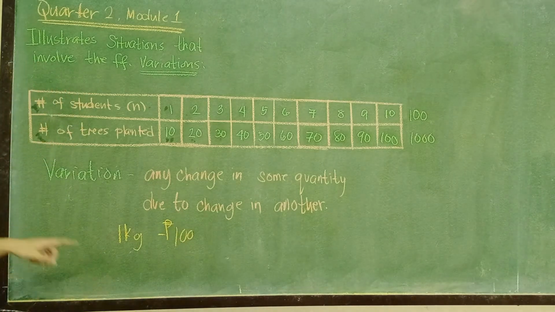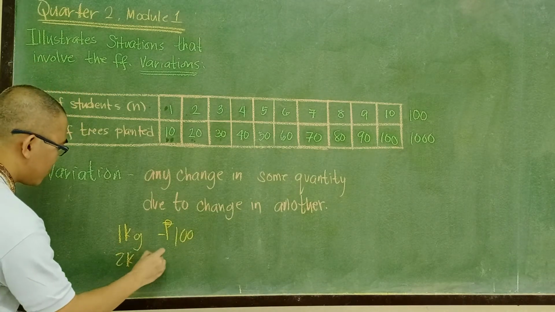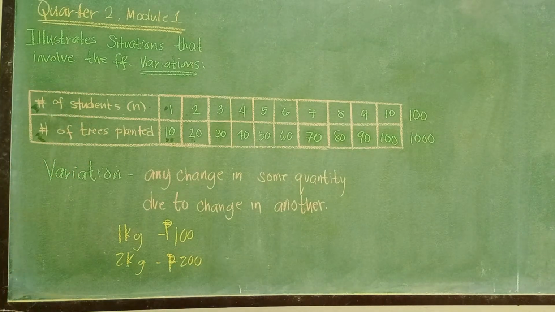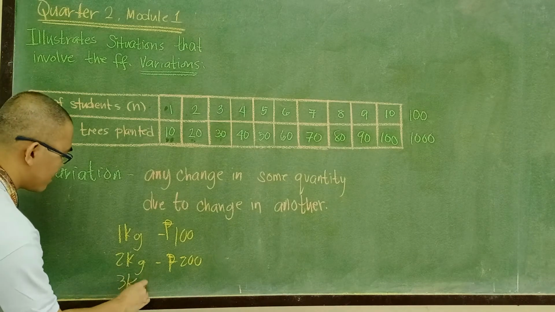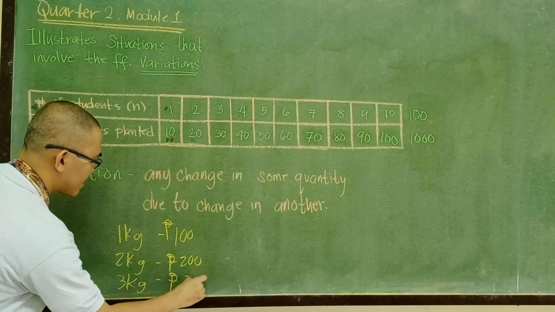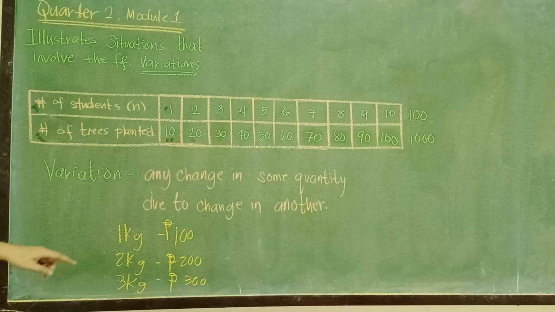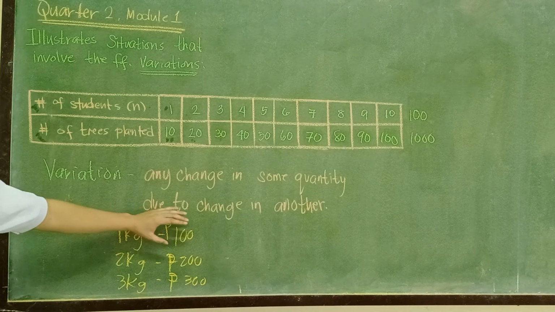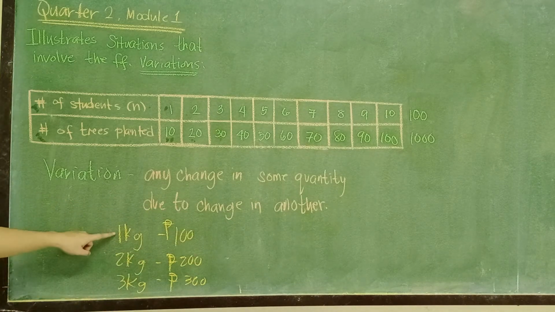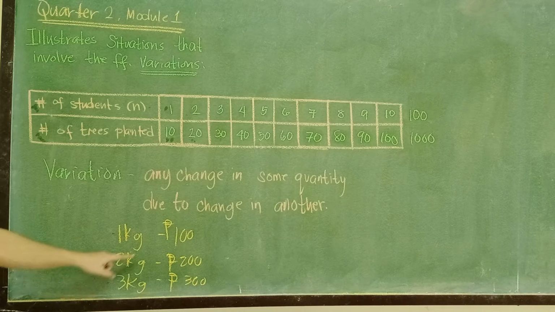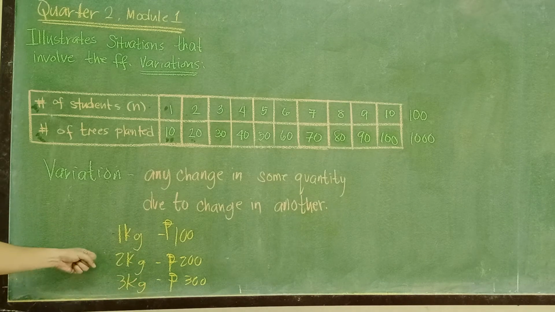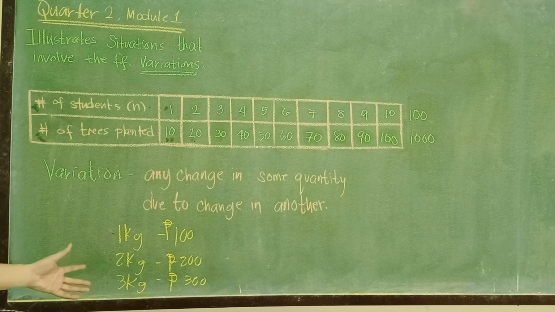Kung mas mabigat pa, let's say, 2 kilogram, kailangan mo magbayad ng 200 pesos. Kung mas mabigat pa, kailangan mo magbayad ng 300 pesos. Kung mapapansin niyo, tignan nyo lang yung number. Kapag tumataas yung number dito sa may weight, tumataas din yung number dito sa may price. So from 1 kilogram, 2 kilogram, 3 kilogram, dito sa kabila, 100 pesos, 200 pesos, 300 pesos. This is an example of direct variation.